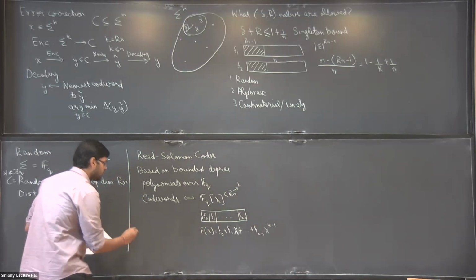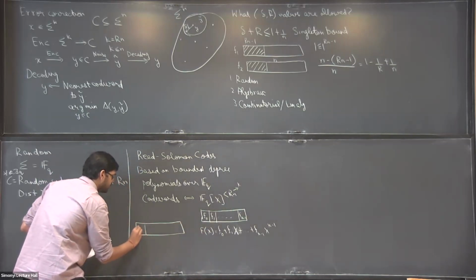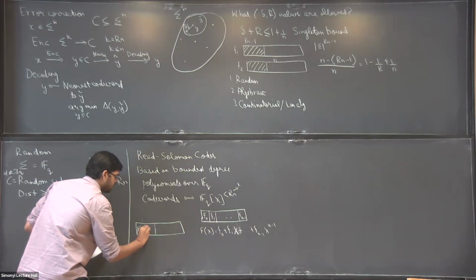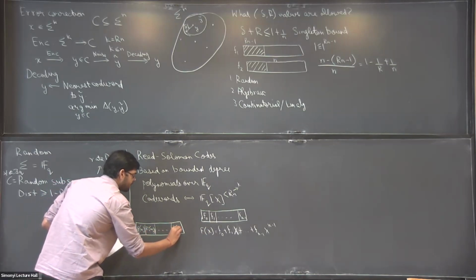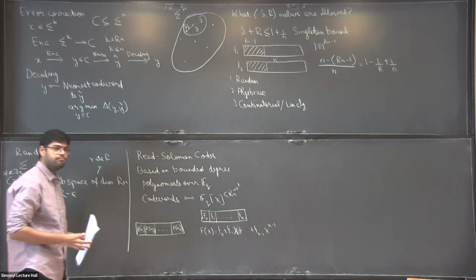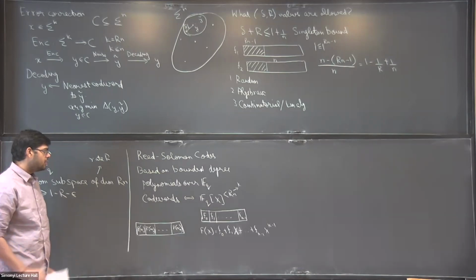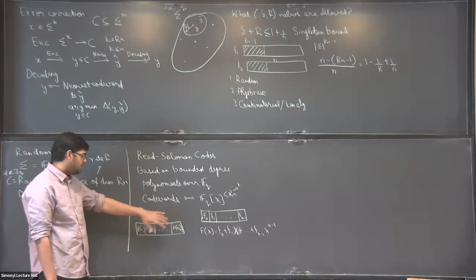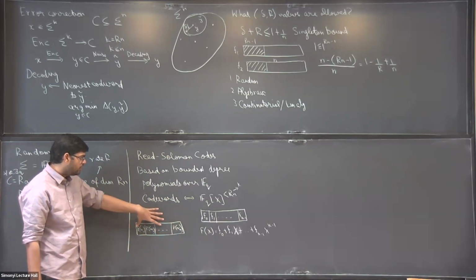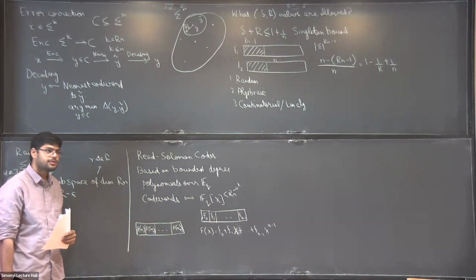And the code word looks like this polynomial evaluated at n distinct points. So this is f of alpha 1, f of alpha 2, and so on. So each code word is associated to a bounded degree polynomial, and the code word is computed by evaluating this polynomial at n distinct points.